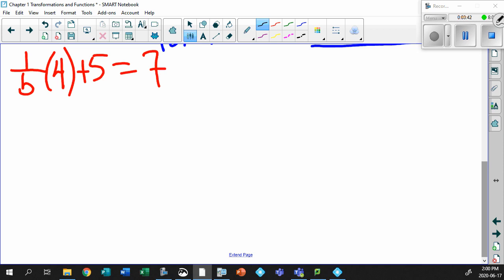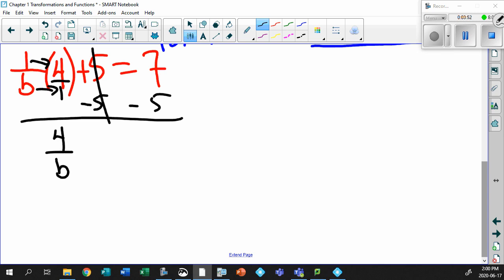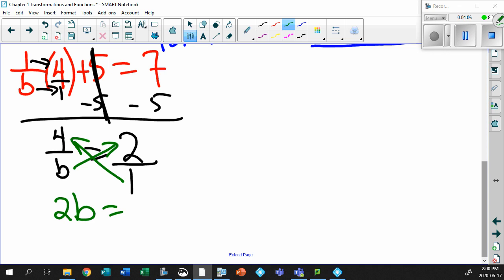Subtract the 5 from both sides. I can multiply this out and just go 1 times 4, b times 1, which is 4 over b, right? This cancels out to leave me with 7 minus 5 is 2, right? Now, let's figure this out. Simple. Cross multiply. This is going to be 2b equals 4.